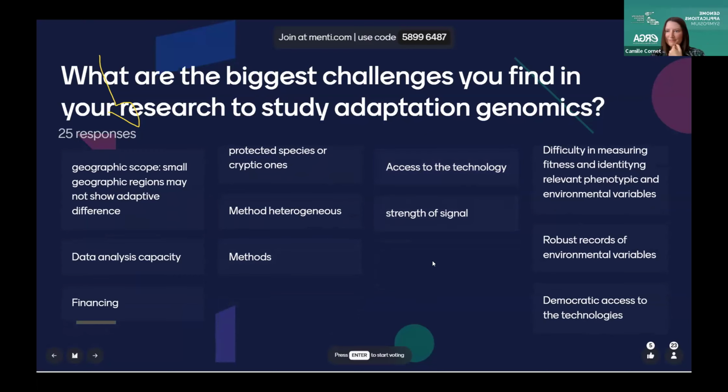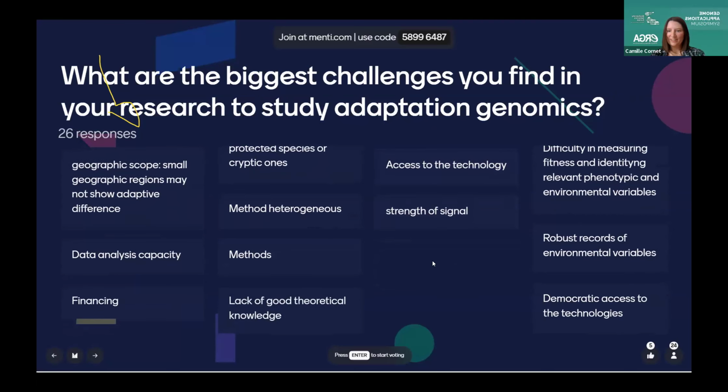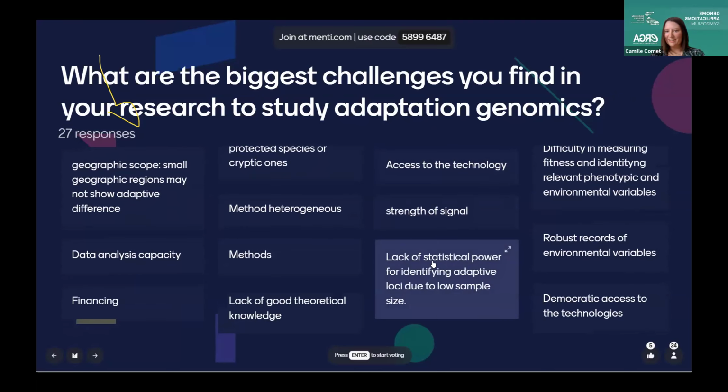Yeah, hopefully the huge initiatives and big sequencing consortia that are popping up at the moment can help with that, by bringing together people from different geographical regions and means.